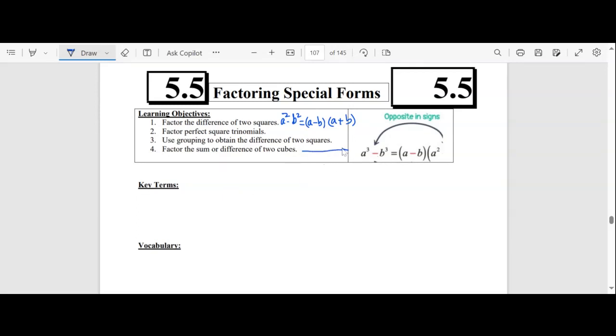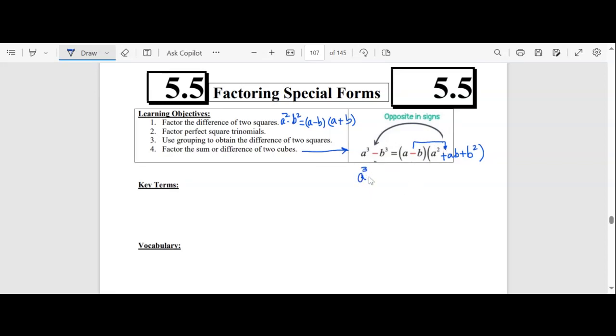And the formula for the factor of sum or difference of two cubes is here. So I'm just going to complete it here. It's going to be plus AB plus B squared. Remember, if this is negative, this becomes a positive.